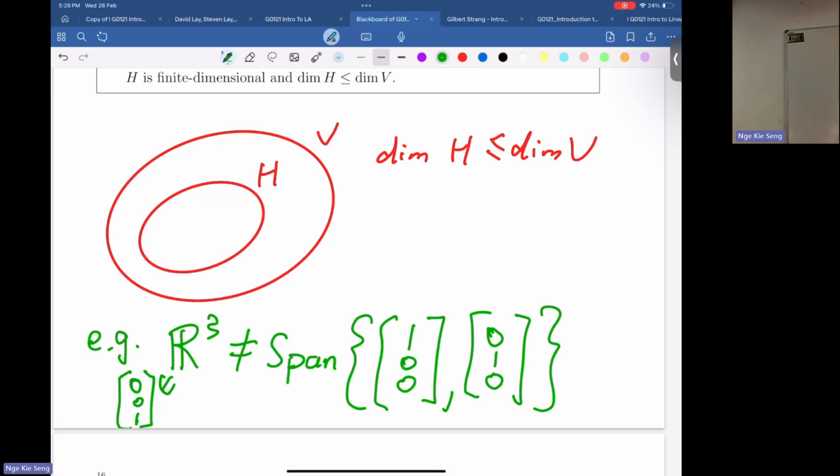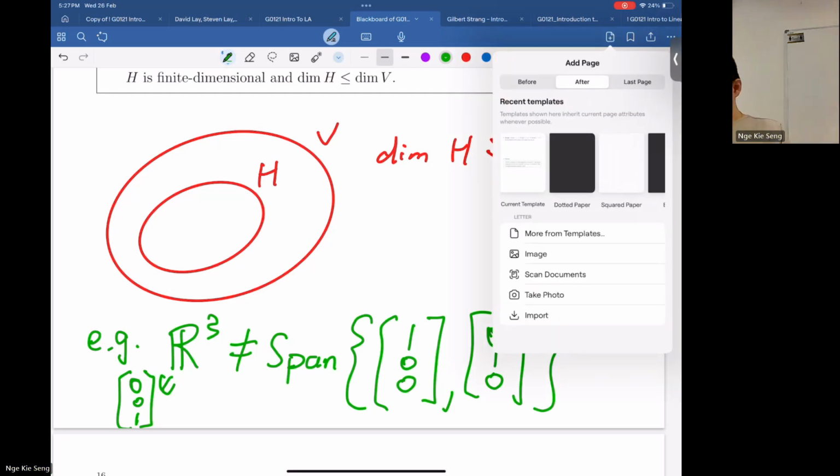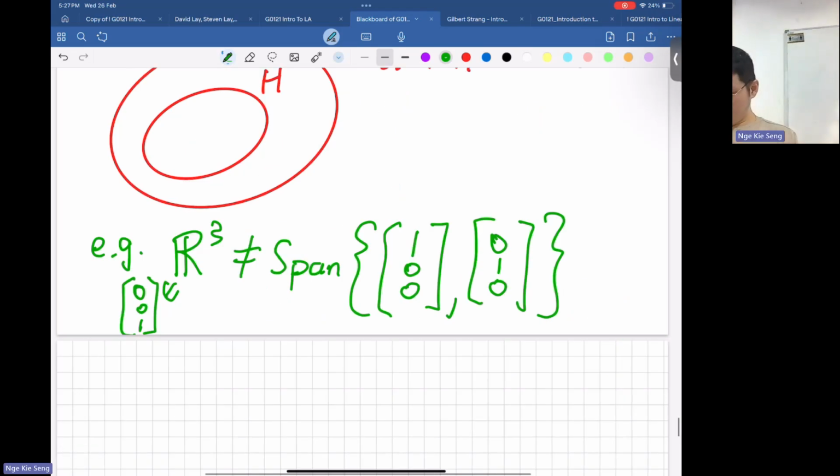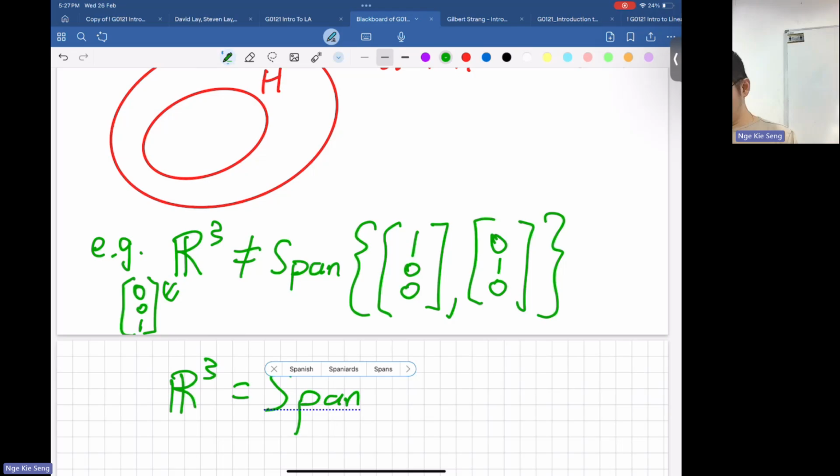But we can extend this set to a basis. Since I cannot create the vector that I wanted, I put the vector into the set. Then it will form a basis.